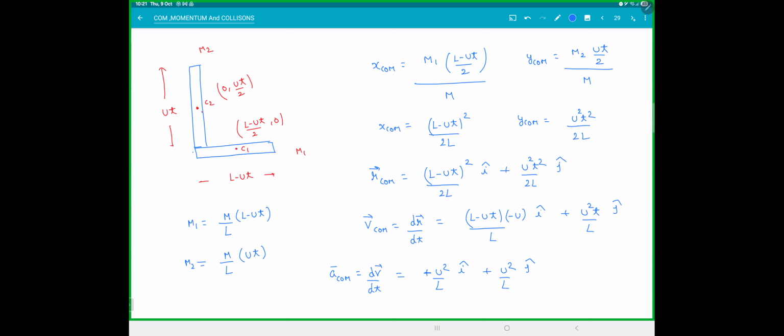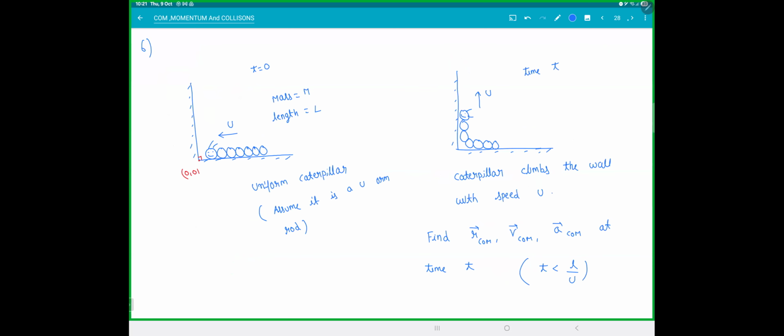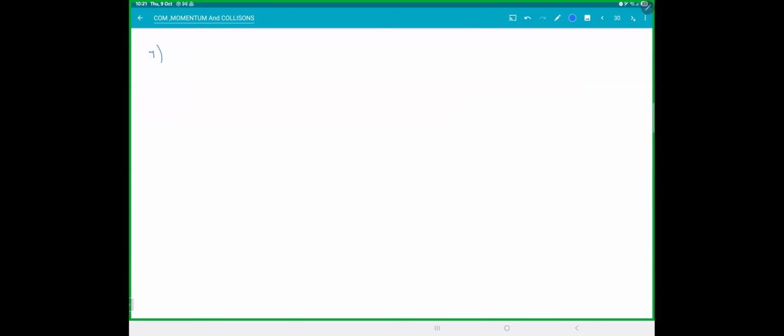Let's see one more. Let's say you made a rod. This is your x is equal to 0. This is x is equal to L1 and this is x is equal to minus L2. The right side of the rod is made of a different density, which is lambda is equal to lambda naught x.